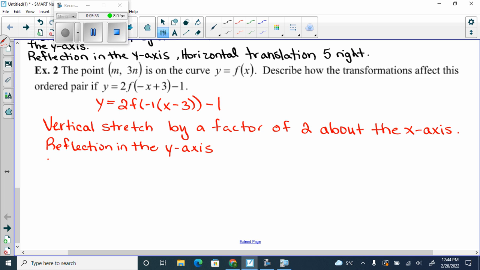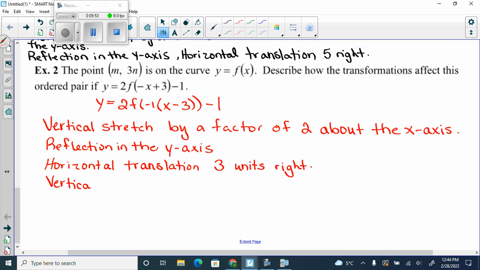So our translations, we have a horizontal translation three units right, and a vertical translation one unit down. Then we do our mapping.